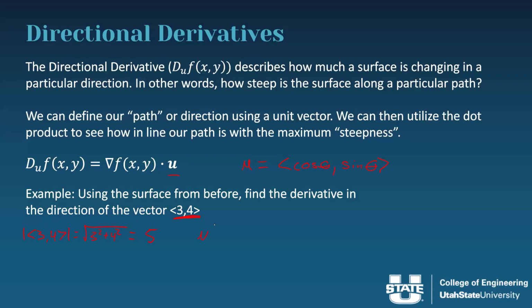So that means our unit vector is equal to the x component divided by the magnitude and the y component divided by the magnitude. So 3/5 and 4/5.